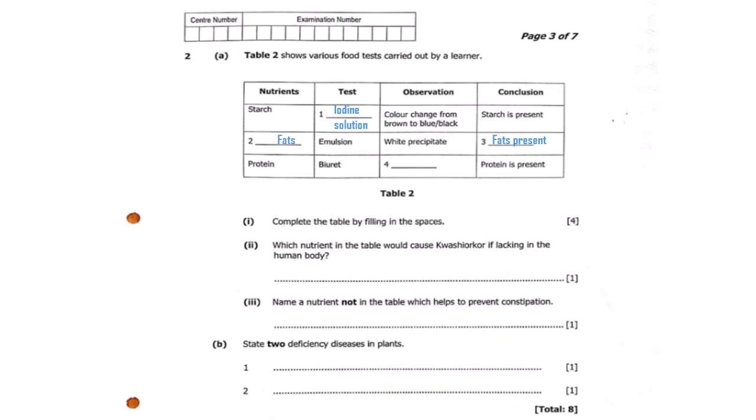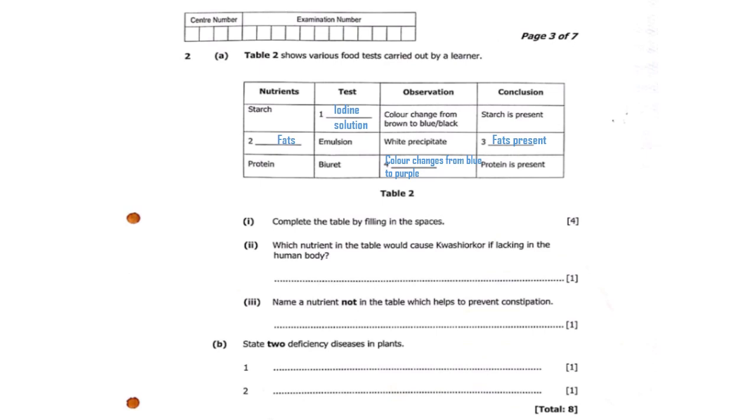And here we have the protein test, the biuret test. Proteins are present, so the color changes from blue to purple. So that's 4 marks. Let's carry on.